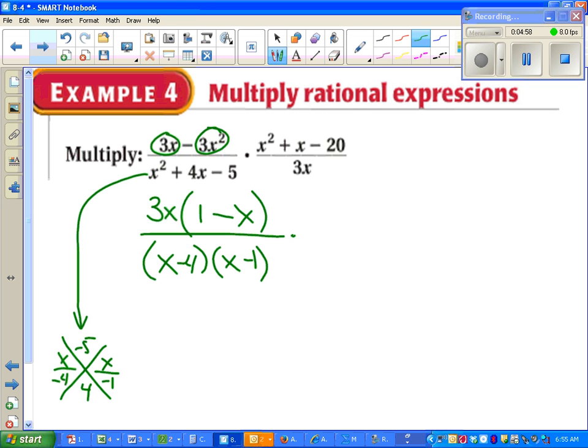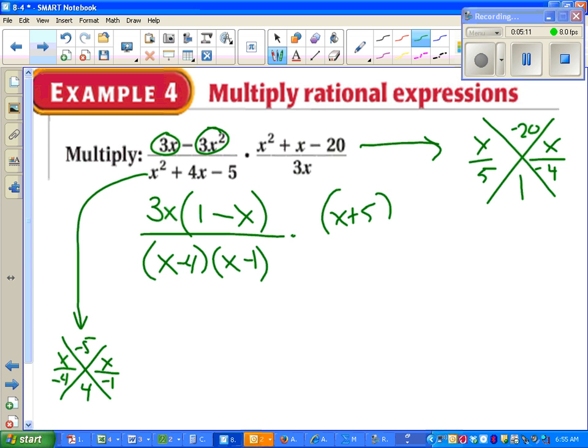We have to do Clinton Magic again, or whatever method, and we get our factors. There's a lot of work going into factoring. 3x doesn't factor, we just leave it 3x.